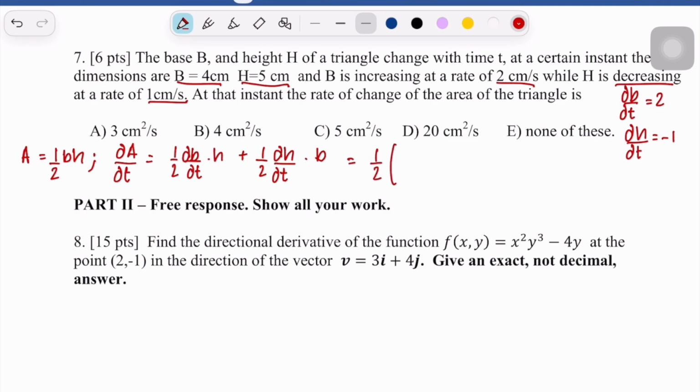I'll factor the half out, so it's going to be 2 times h, that's 5, and then plus dh/dt which is -1, -1 times 4. That's going to be half times 10 minus 4, which is 6 over 2, and that's 3, so it should be 3 centimeters squared per second.